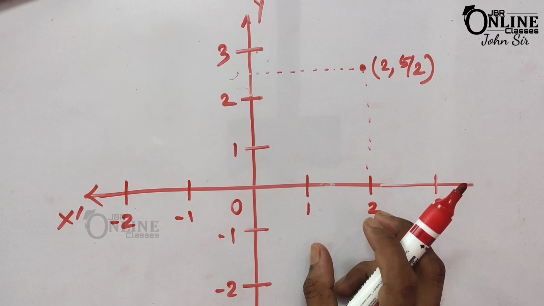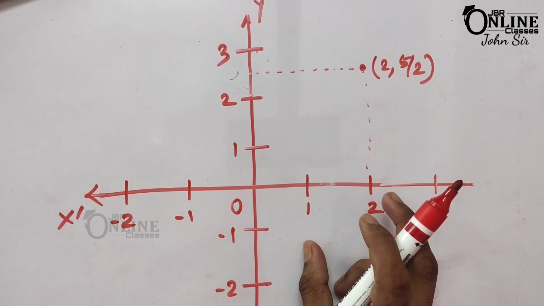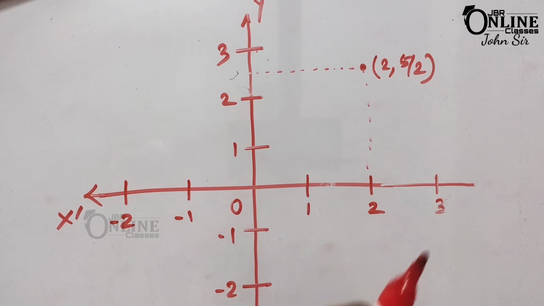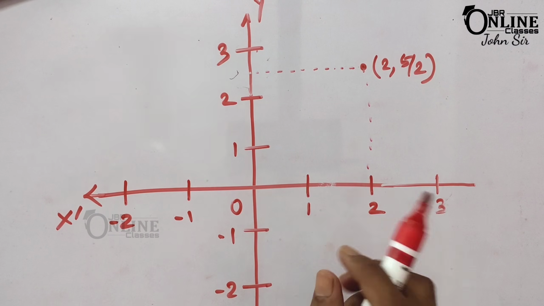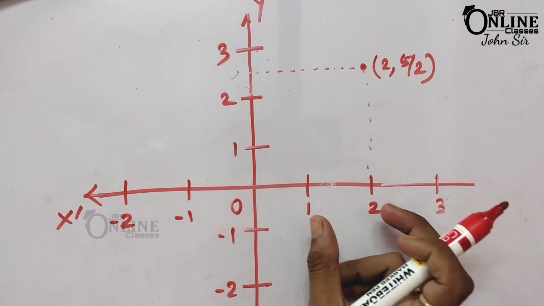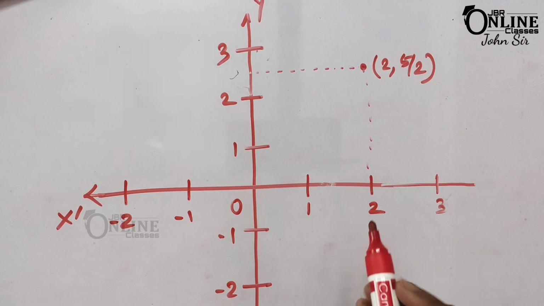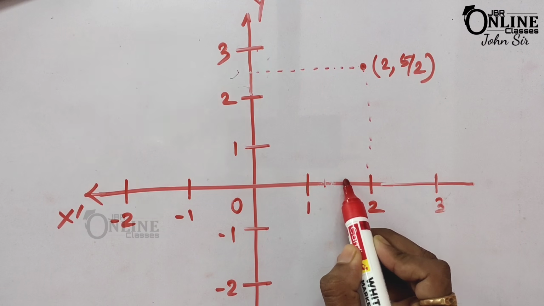As well as in sum number 8, the first one is 4 by 3 and minus 1. Okay, 4 by 3 means 1 point something. So if you divide this part, that means 1 to 2, by 3 equal parts, then here 3 equal parts.